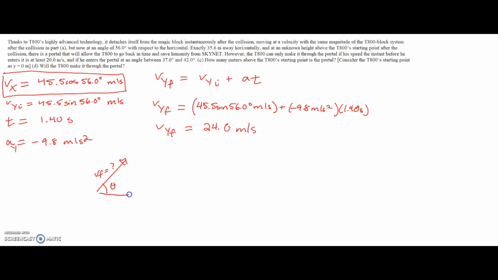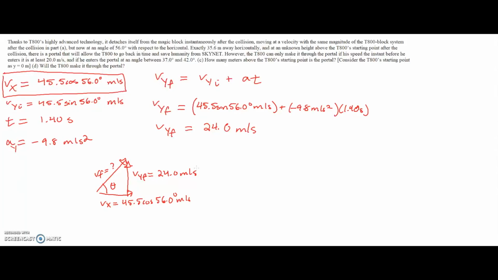The final velocity has an x component, and now we've figured out that VYF is equal to 24.0 meters per second. The reason I drew the triangle in this direction is because both values are positive, so that means the T800 is still going up.